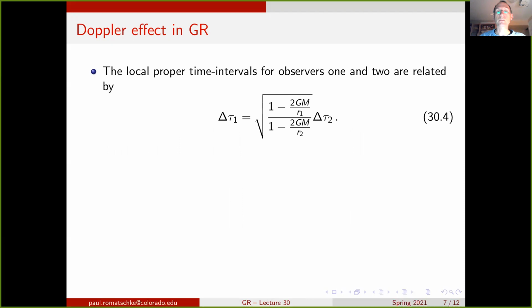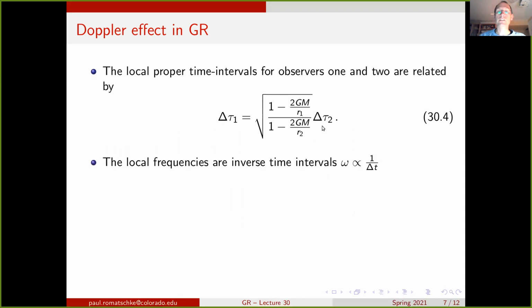So we find that the proper time intervals for observer 1 and observer 2 are different, and they are related by the ratio of the Schwarzschild factors A, which I have now again written out in explicit form.